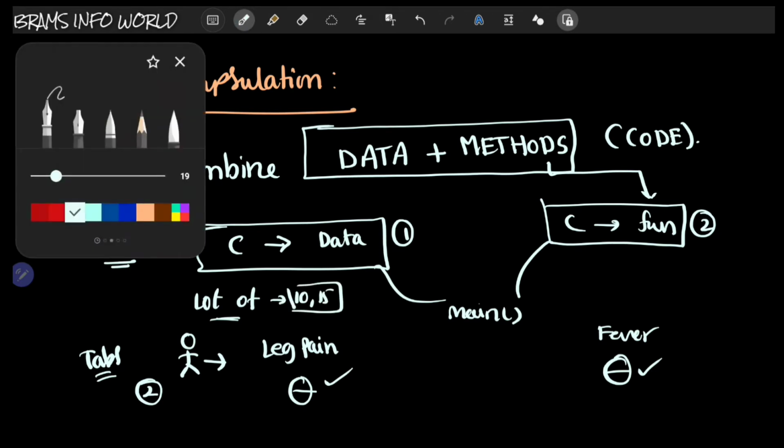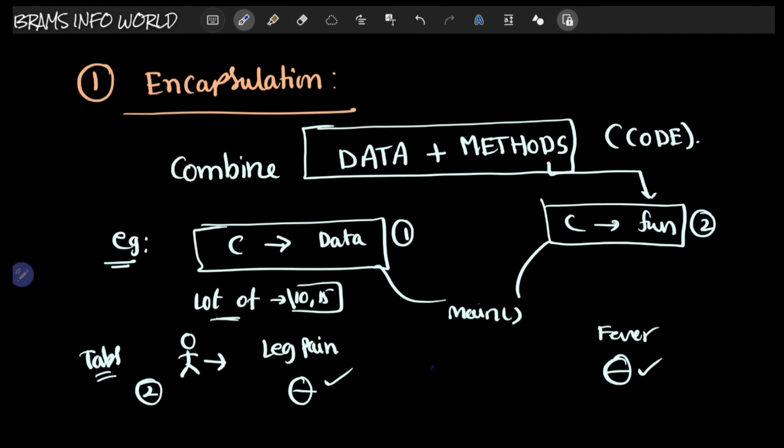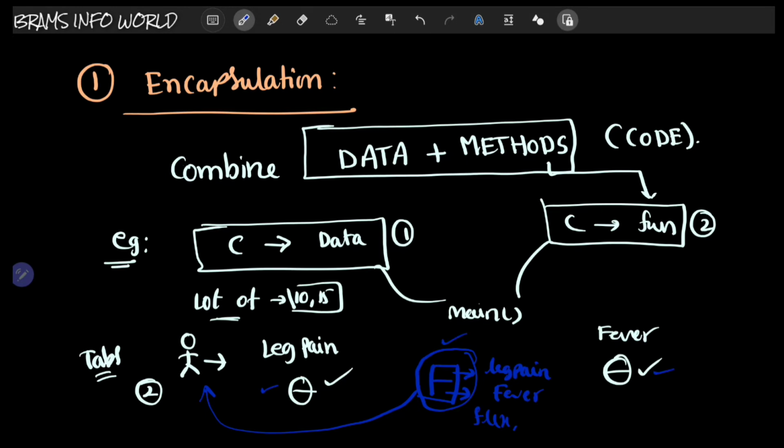So in place of that we have a capsule. This capsule is the medicine for the pain in the body, and this is the medicine for the fever. If you take this capsule, the person feels very flexible, and there is no need to worry about remembering all kinds of tablets. Just carrying only one capsule.